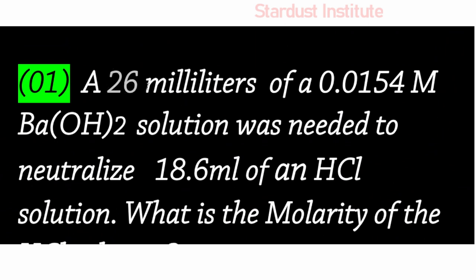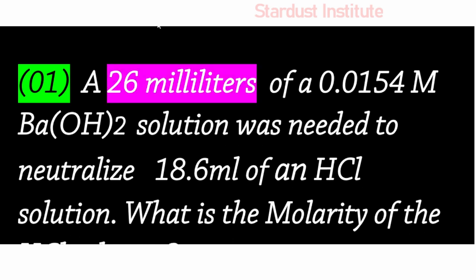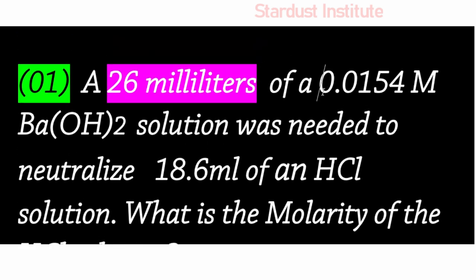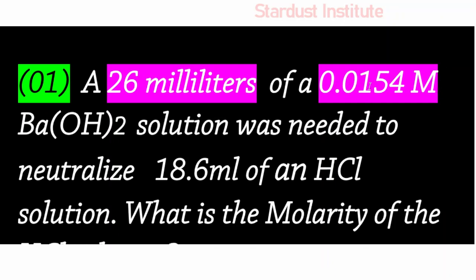Volume of this barium hydroxide solution is 26 milliliters. Molarity of this barium hydroxide is 0.0154 M. M is molarity, that means in 1 liter or 1000 milliliters of this barium hydroxide solution, there are 0.0154 moles of barium hydroxide.